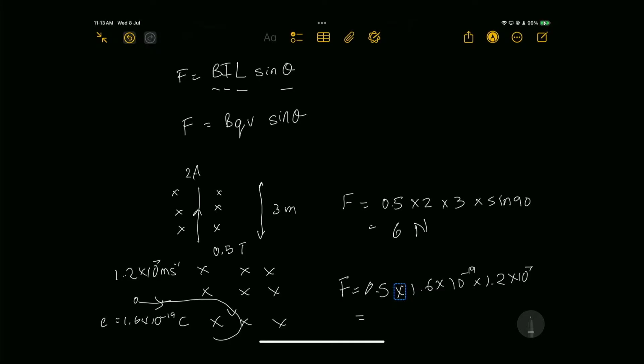And this is equal to what? 9.6 by 10 to the negative 13.